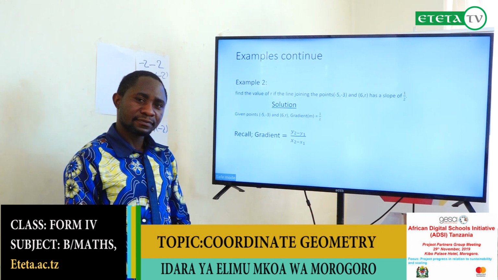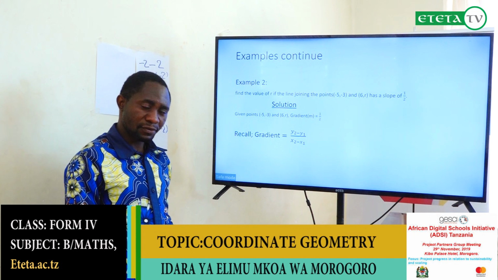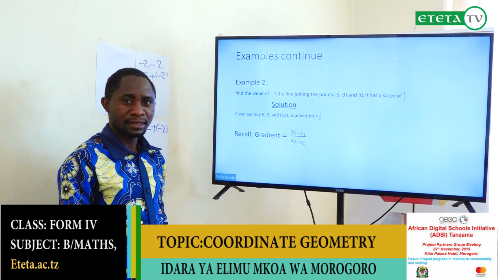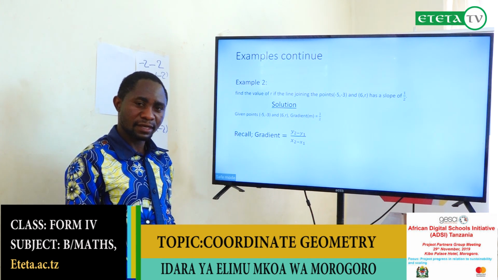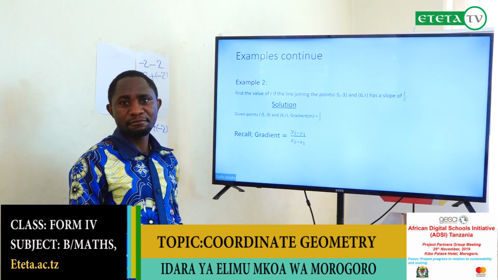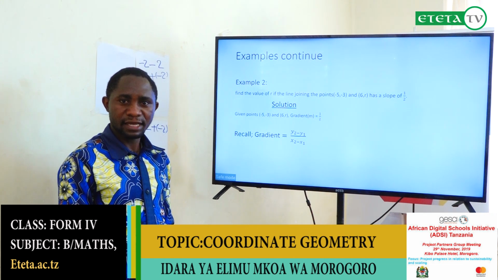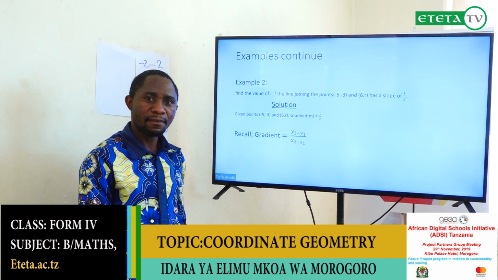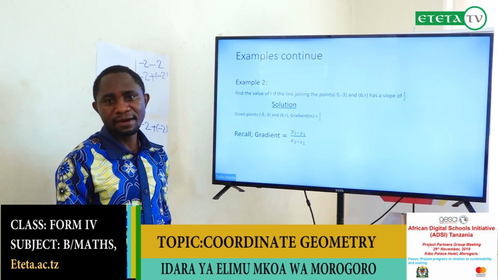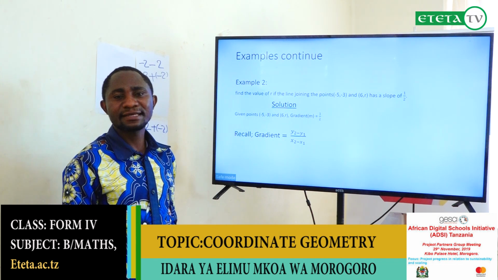Recall, as you learned in Form 1, and back to the revision that we have made, gradient equals y2 minus y1 divided by x2 minus x1.